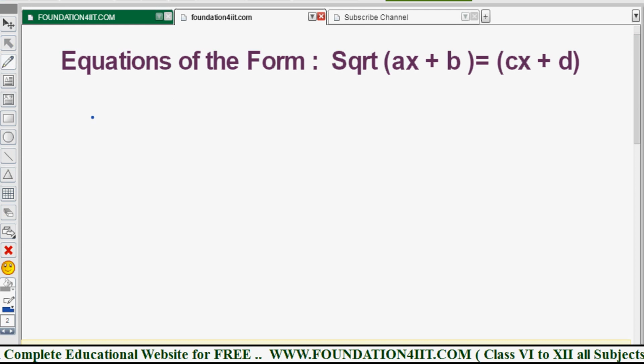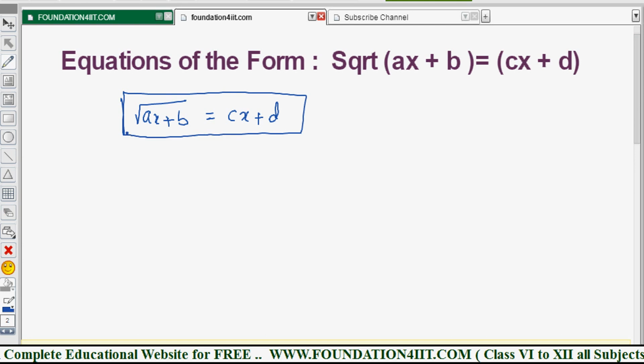So if any question is in this format, how do we solve it and get the roots? Let me take one example and explain it to you. So for example, solve.